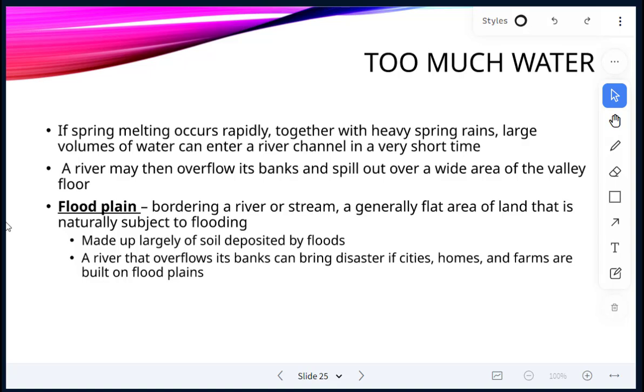It's generally a flat area of land, and it's naturally subject to flooding. It's made up of largely soil deposited by floods. So it's there for protection. A river that overflows its banks can then bring disaster if cities, homes, and farms are built on those floodplains.